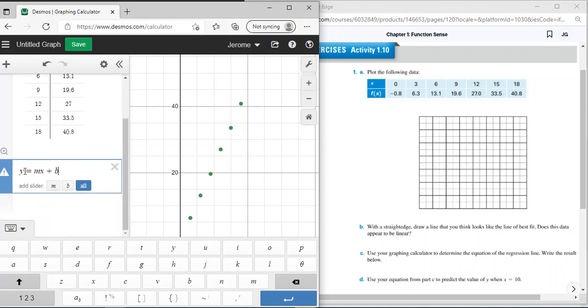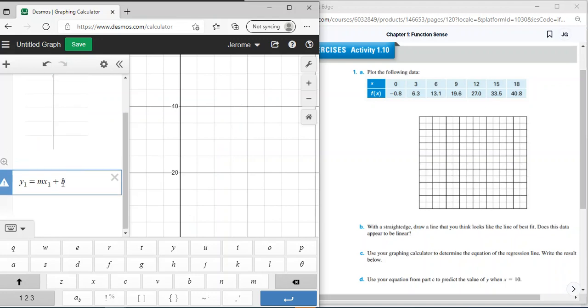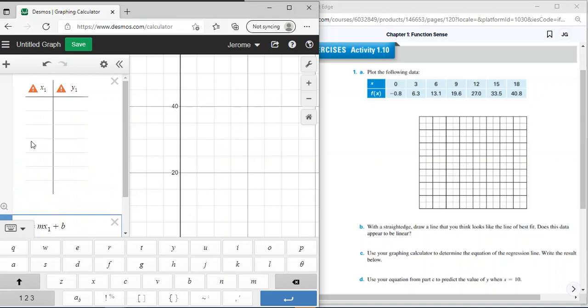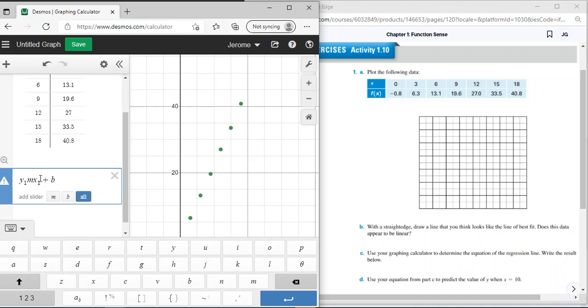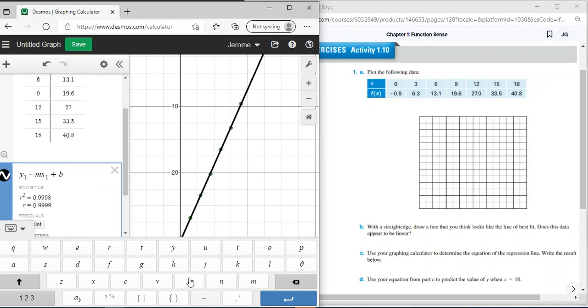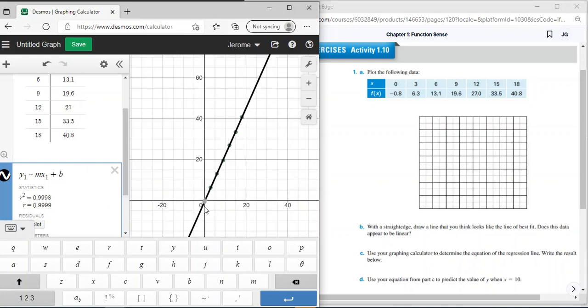So you will have to put the sub 1 on the y and the x. Next, you notice here that this went blank. What we have to do here now is take out that equal sign and hit this tilde here. Now, once you hit that tilde, you notice here that it's drawing your line, and it went through those points.